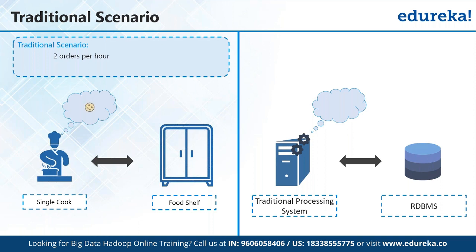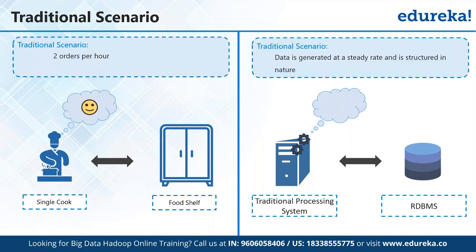This is the traditional scenario. Data is generated at a steady rate and is structured in nature, because in an RDBMS you have structured data. So there are 2 orders per hour, a steady rate.